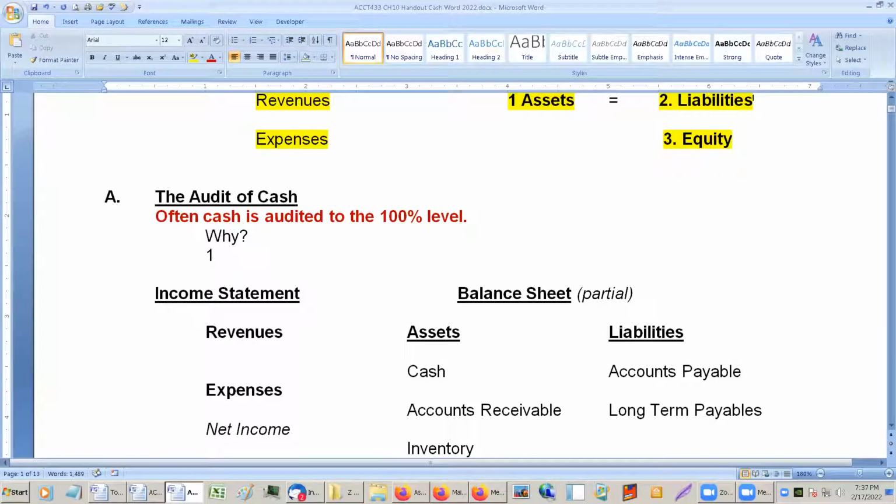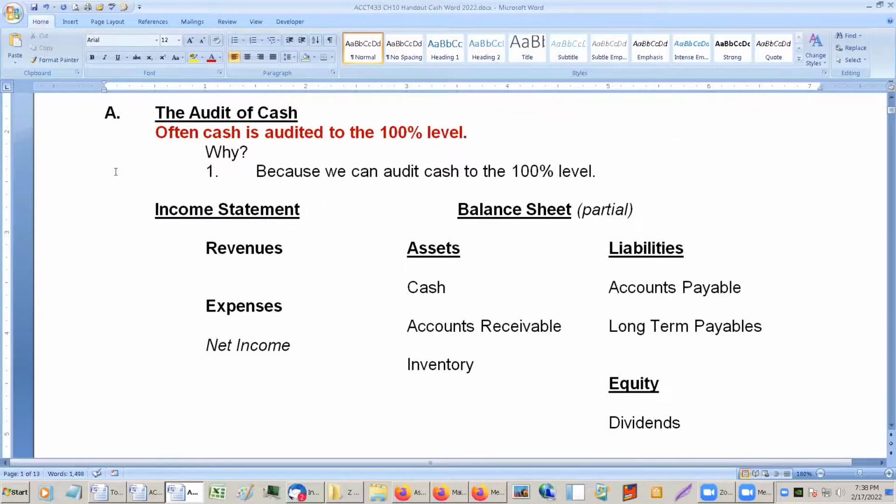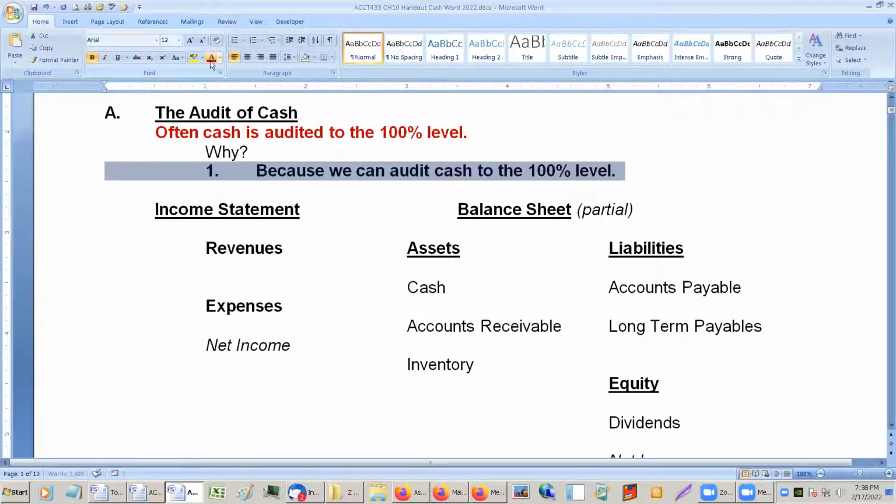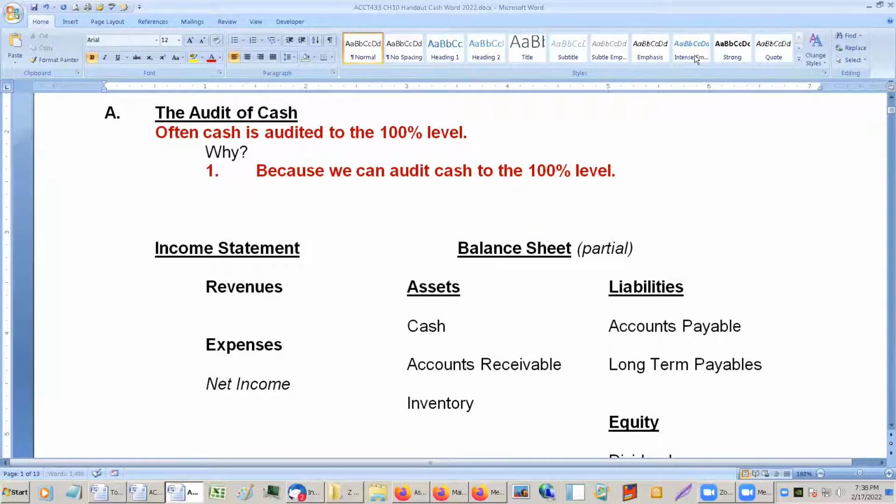First answer to that is because we can. Unlike a lot of other accounts, you can actually audit cash to 100% in most companies.